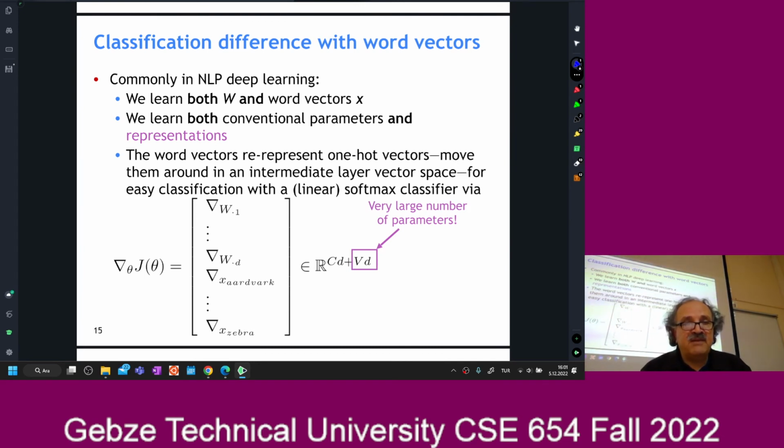We can represent words using vectors, right? Word2Vec did that. The goal of Word2Vec is to represent words such that syntax-wise or semantic-wise similar words will have similar vectors, right? That's what we did.